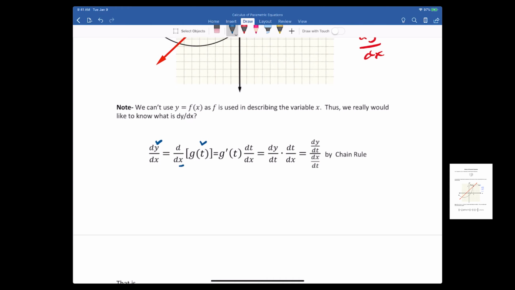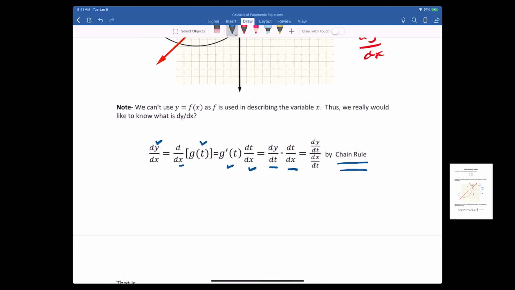Now, all we really have to use, ladies and gentlemen, is chain rule. Chain rule is the key here. So by chain rule, we get g prime t times dt dx. This is the chain rule portion. And then you say, well, what is the definition of g prime t? Well, that's simply dy dt, and that's still times dt dx.